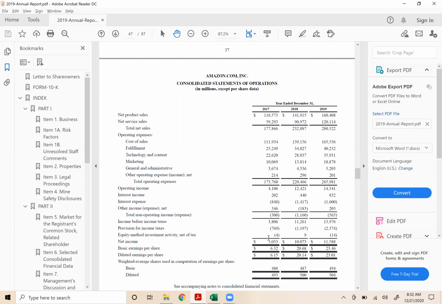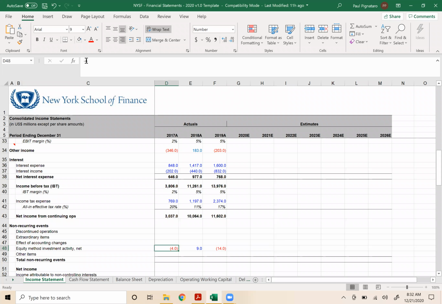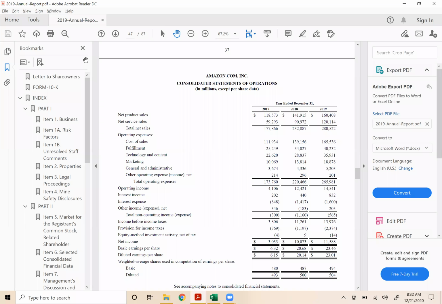If it's reducing the net income, I want to stick with my method of keeping it as a positive number. Positive. Negative. Positive. Okay. All right. So I'm okay.